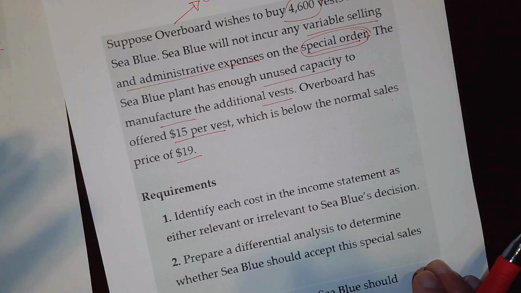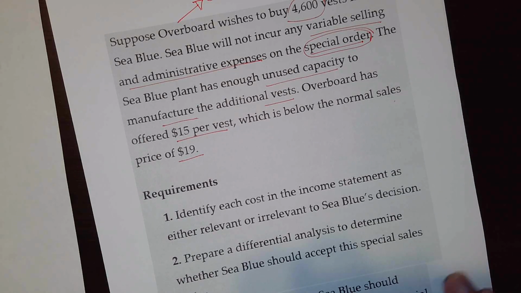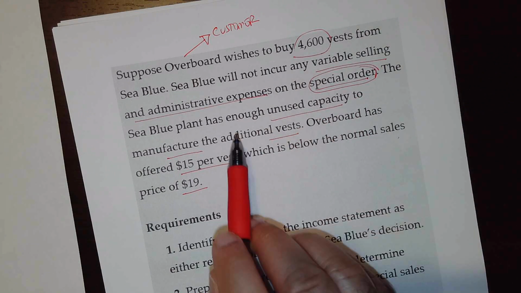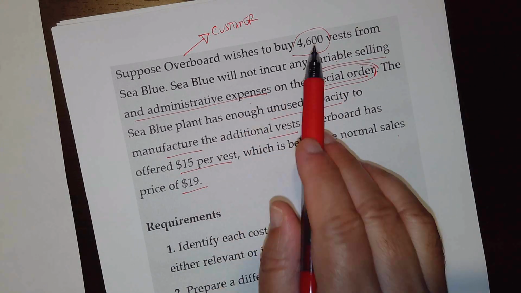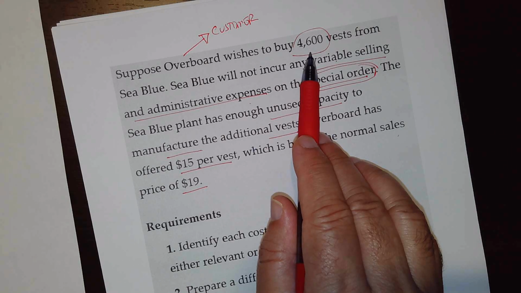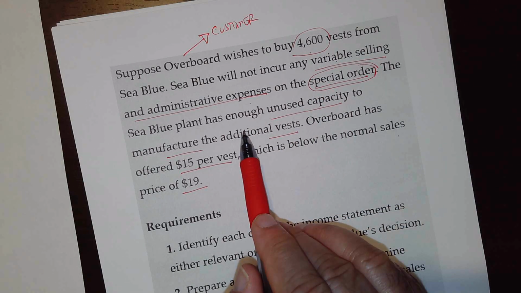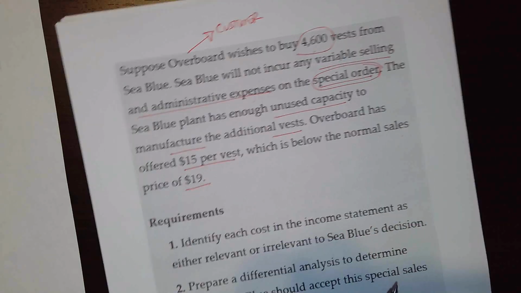Okay, so Overboard is a new customer. He wants Sea Blue to make 4,600 vests. They will not incur any variable selling and administrative expense on this special order, and they have unused capacity, so capacity is not an issue.